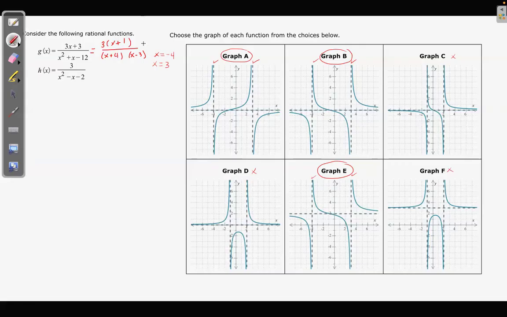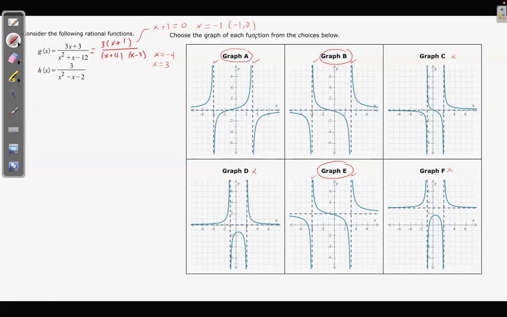Now, if you look for the other two important aspects of the graphs, you're going to need the x-intercept. So x plus 1 equals 0. That means that x is equal to minus 1, making your x-intercept minus 1 comma 0.